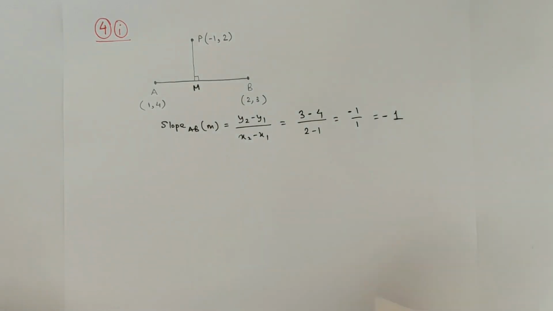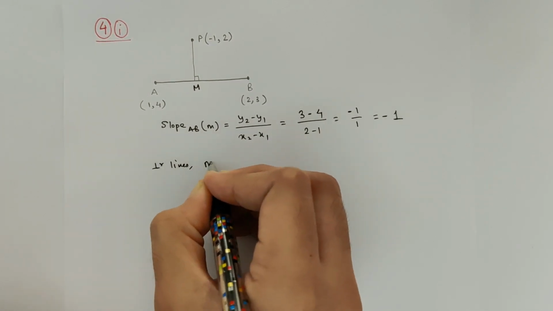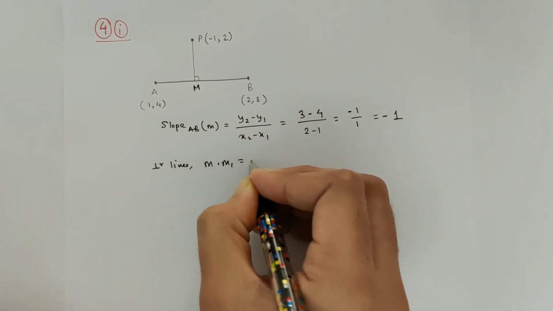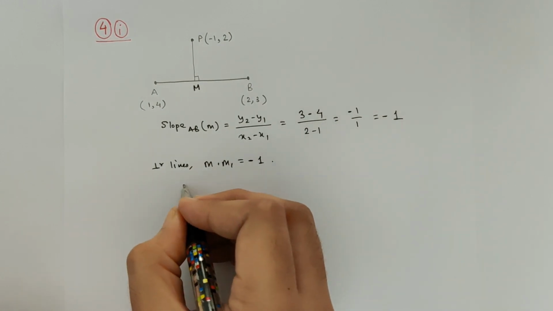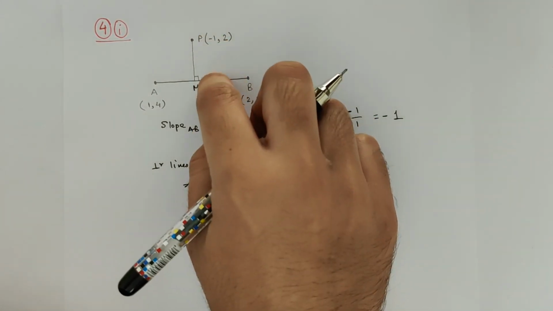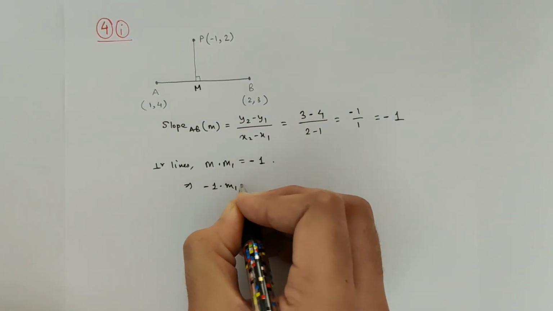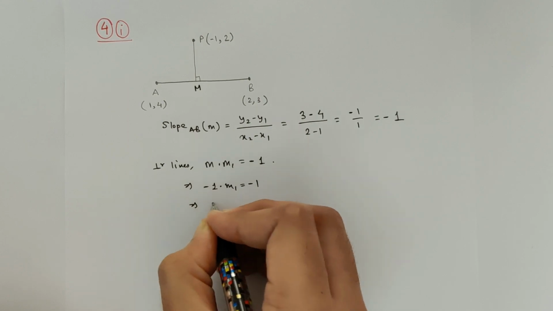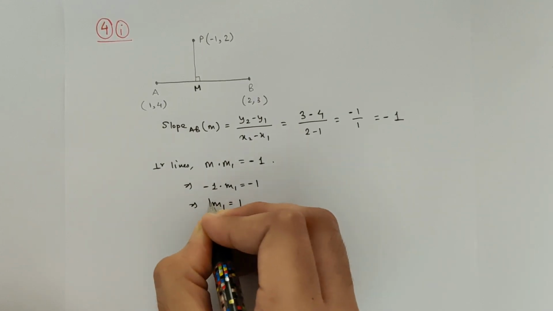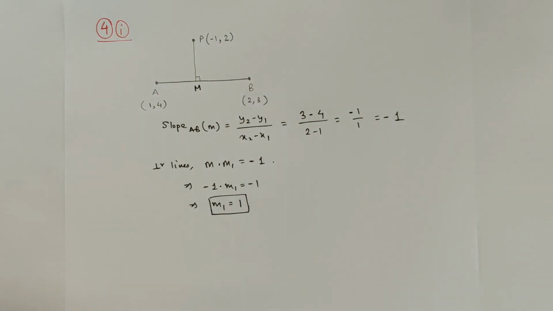Now we know that for perpendicular lines, m into m1 is equal to minus 1. So we have the slope m. m1 will be the slope of the line PM, the perpendicular. So minus 1 into m1 is equal to minus 1. Therefore m1 is equal to 1. So we get the slope of the perpendicular line as 1.